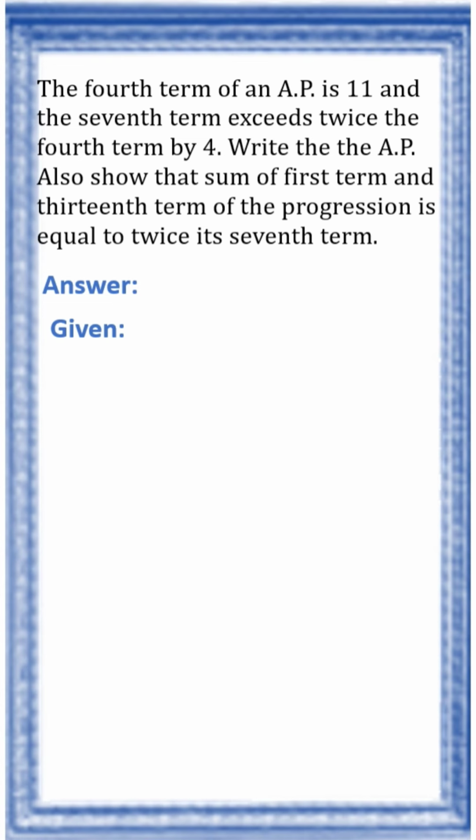What has been given? The fourth term of an AP is 11. So a4 is 11. We can write it as a plus 3d, because the formula for the nth term is an equals a plus (n minus 1) into d, which is equal to 11.